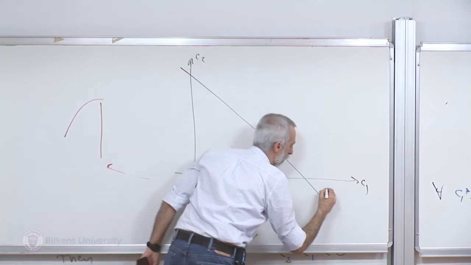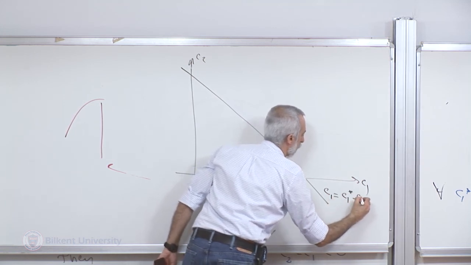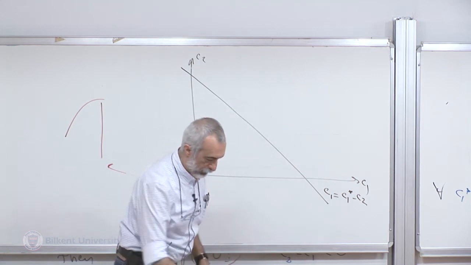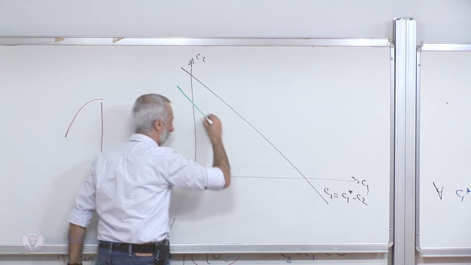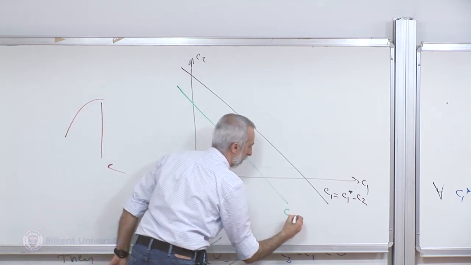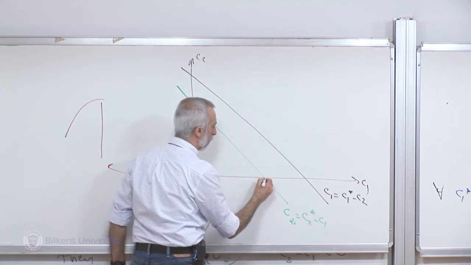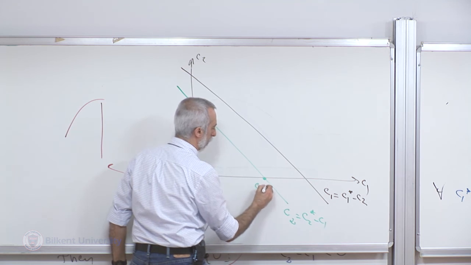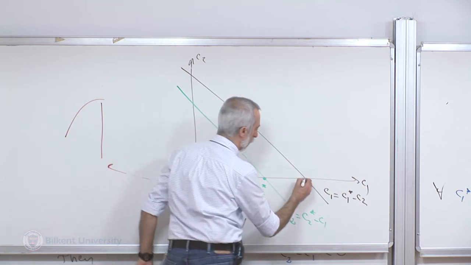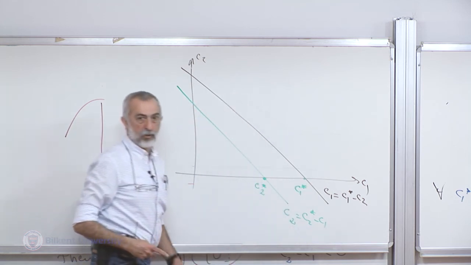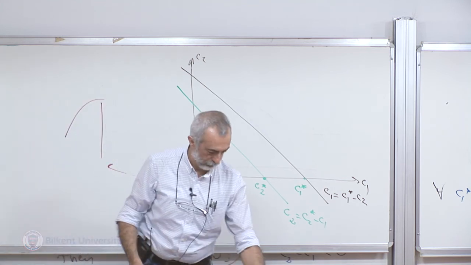I'm going to draw this line, C1 equal to C1 star minus C2, and then this line, C2 equal to C2 star minus C1. So this point is C2 star. If C2 is equal to 0, this point is C1 star. So now let's put W1, W2. Where do you want me to put W1?